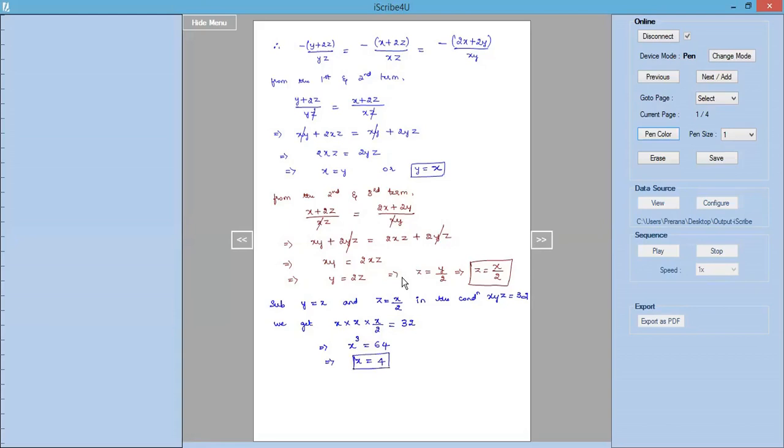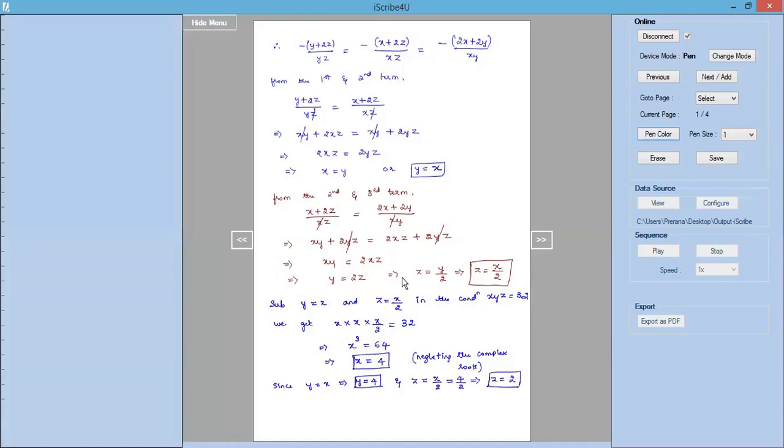So when I take the cube root, I'll be getting the real value as x is equal to 4. Now, since x is equal to 4, and since y is equal to x, this gives us y also as 4. And z is equal to x by 2, which is 4 by 2, gives us z is equal to 2.